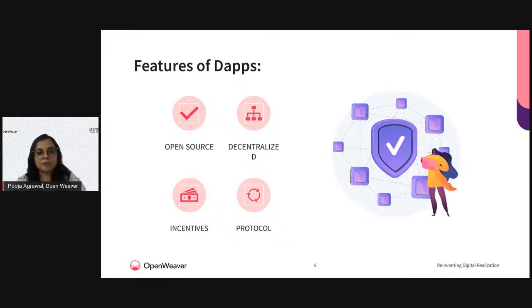I can't just go and simply make a change to anything that is available as an asset, commodity, or whatever on the blockchain. So whatever is present on the blockchain is open source. And then the nature is obviously decentralized.